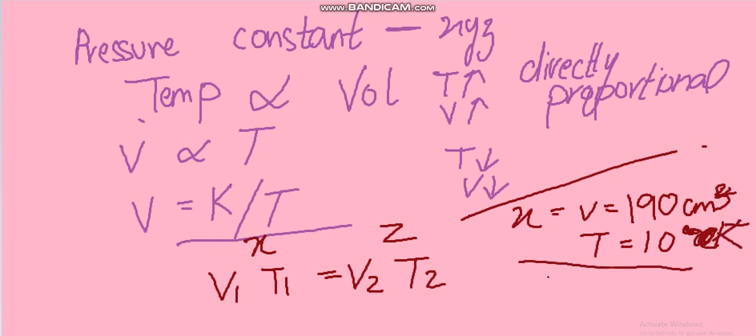Now those are the values that you have present for X. Let's say for Z they have given you that the volume is 200 centimeter cube. Now let's say that you're supposed to find what the temperature is.